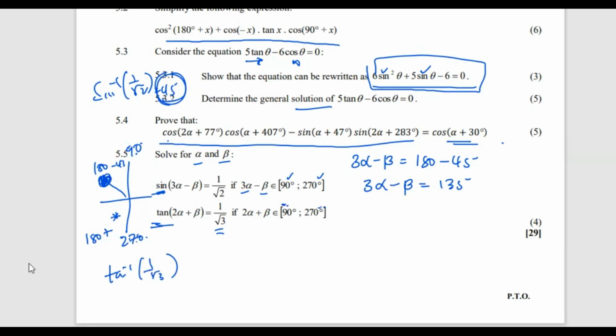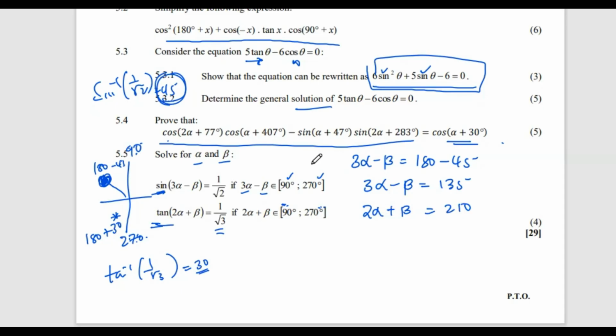Shift tan of 1 over, come on, root 3. I'm getting a 30. So here I'll say 180 plus 30, which will give me 210. So I have 2 alpha plus beta is equal to 210.